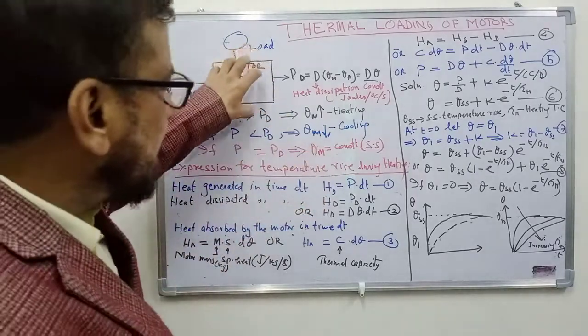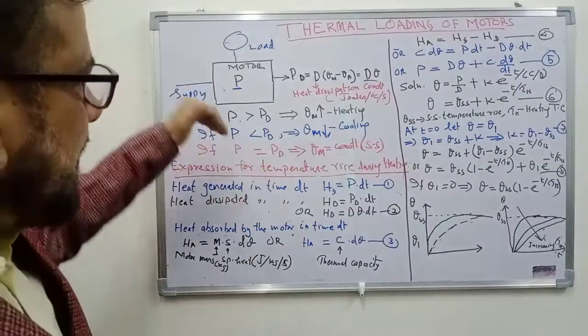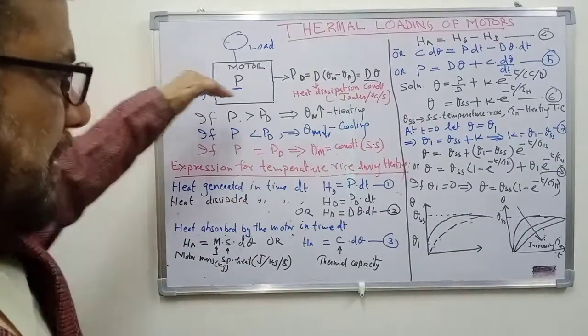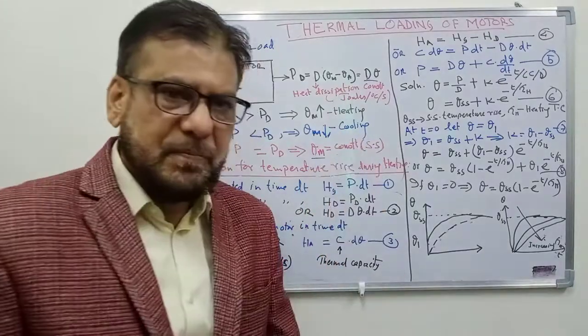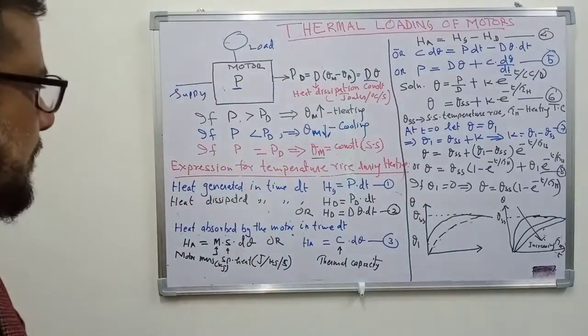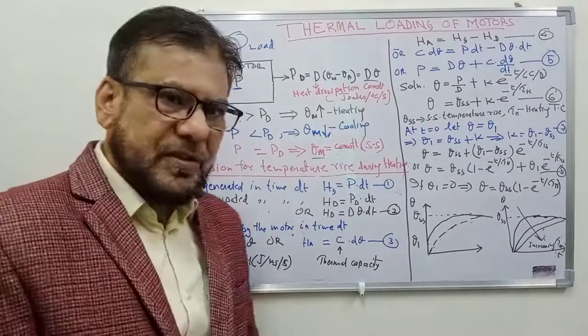The total heat generated is equal to total heat dissipated, and this you can say the stability is reached, and that temperature we call as steady state temperature rise, theta m. So let us find out what is the expression of the steady state temperature rise.